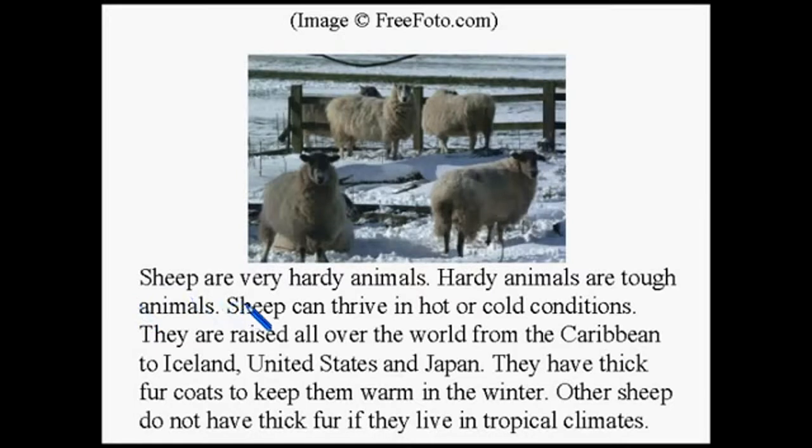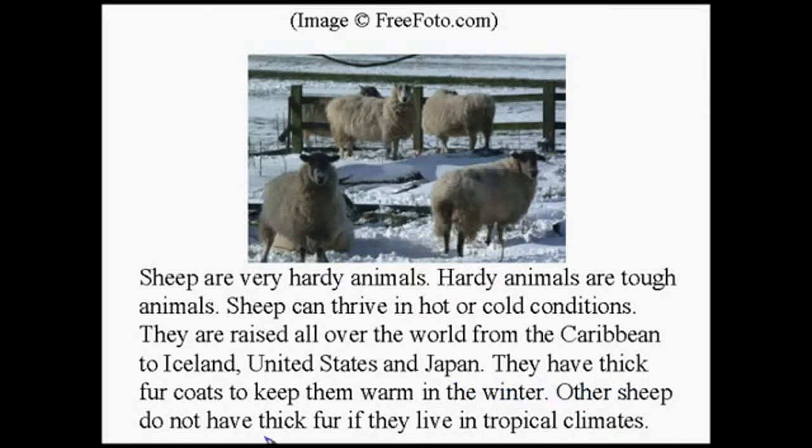Sheep are very hardy animals. Hardy animals are tough animals. Sheep can thrive in hot or cold conditions. They are raised all over the world, from the Caribbean to Iceland, United States, and Japan.